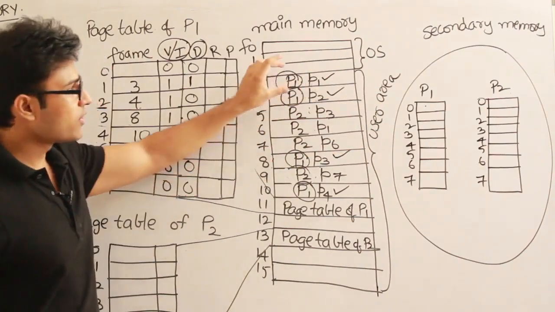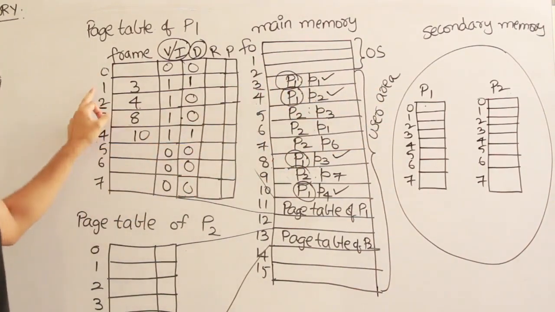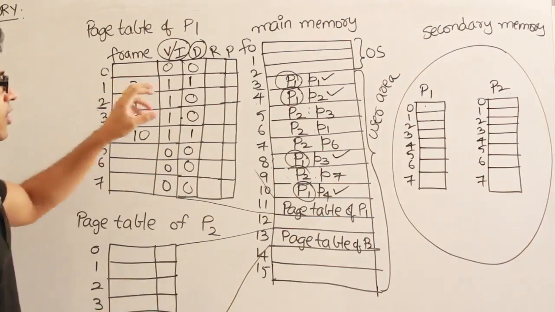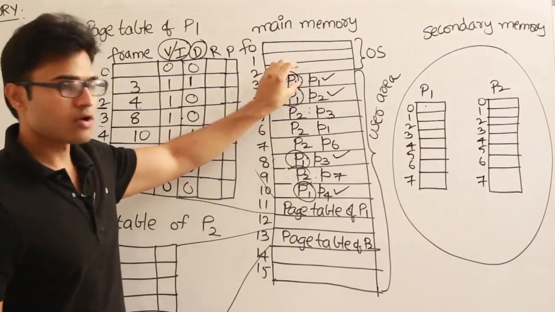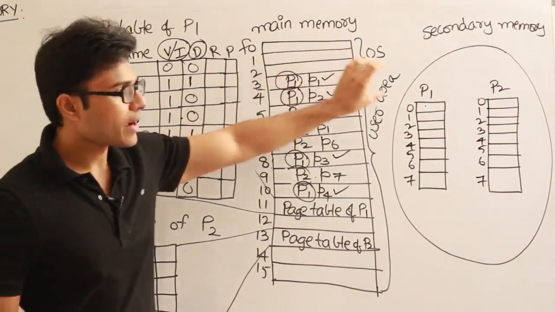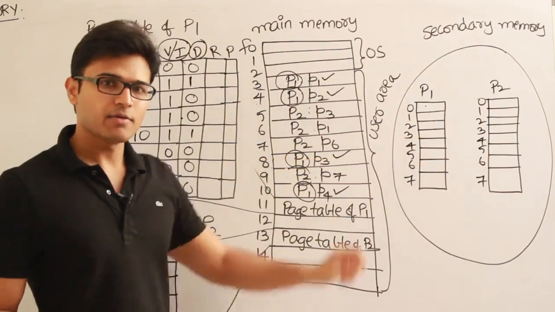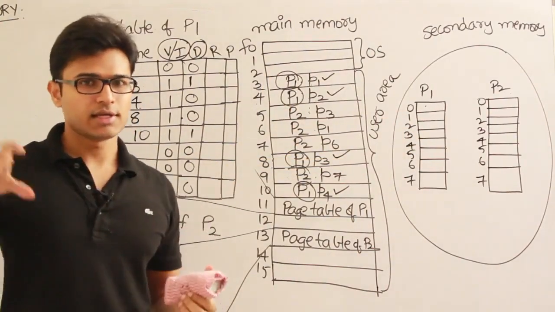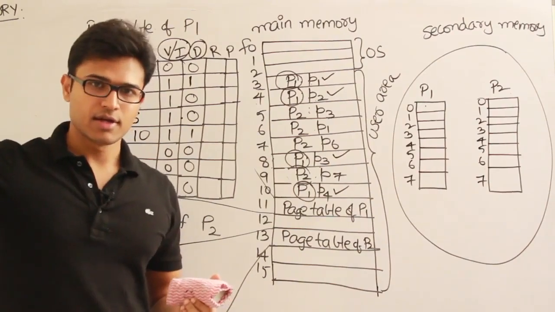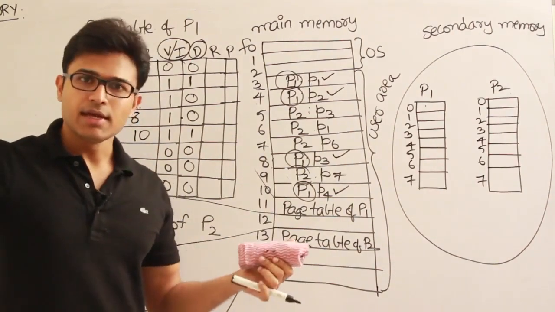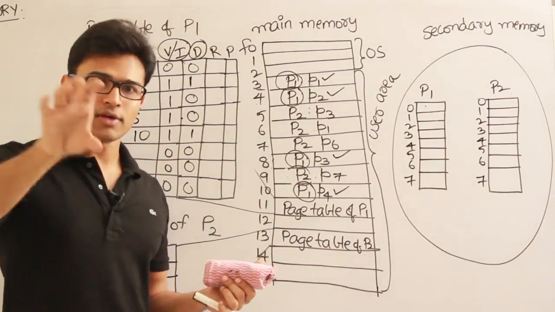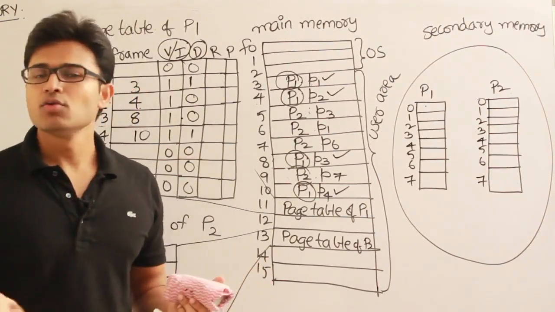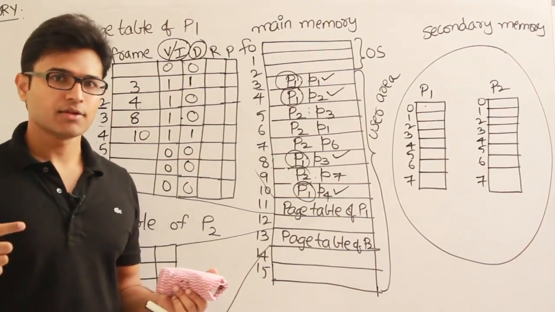Therefore, since it has been modified, it has to get reflected in the secondary memory as well. So whenever we try to replace page number 1 of process P1, we are not just supposed to overwrite it, we have to write it back. That is called write back. Write back means when we have various levels of memory, and whenever anything gets modified in the higher level, which in this case is the main memory, it has to get reflected in the lower level, which is the secondary memory. And when do we do write back? The best time is not always.